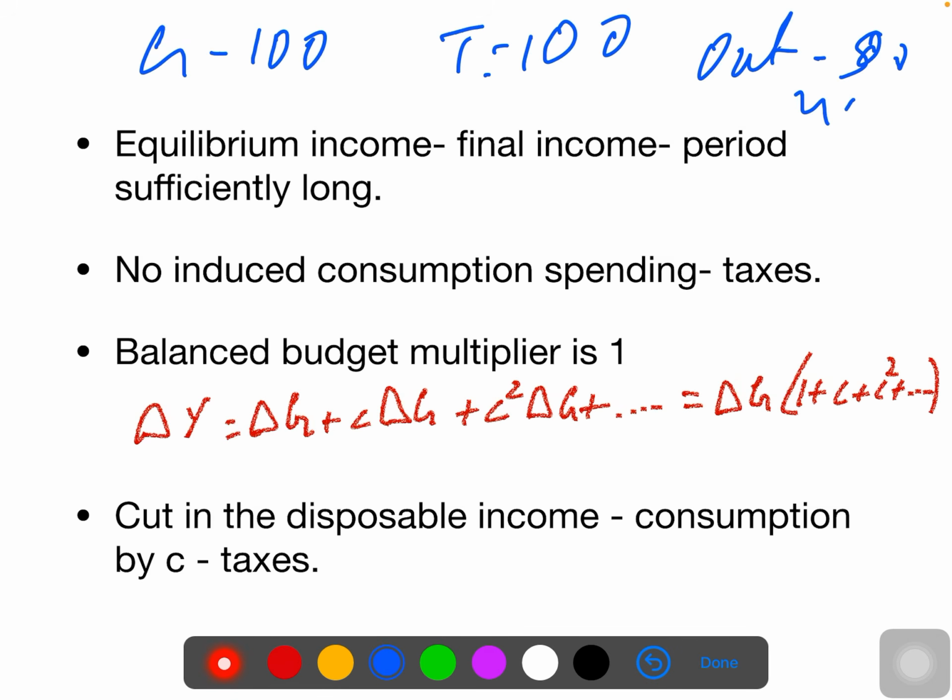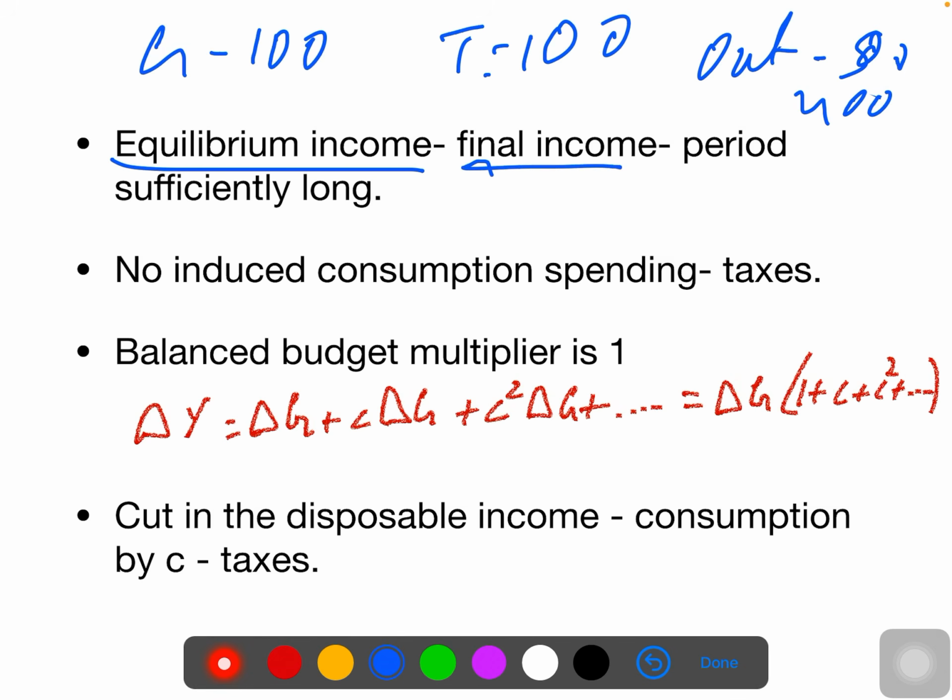The equilibrium income refers to the final income that one arrives at in a period sufficiently long for all the rounds of the multipliers to work themselves out. So we find that output increases by exactly the amount of the increase in G, with no induced consumption.